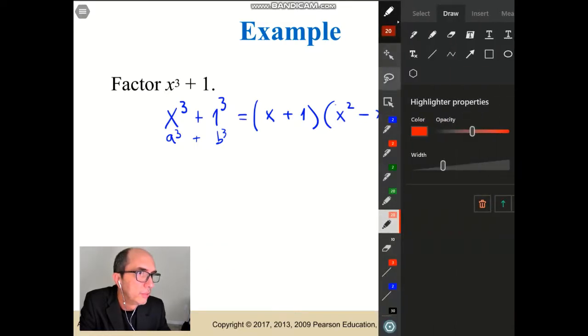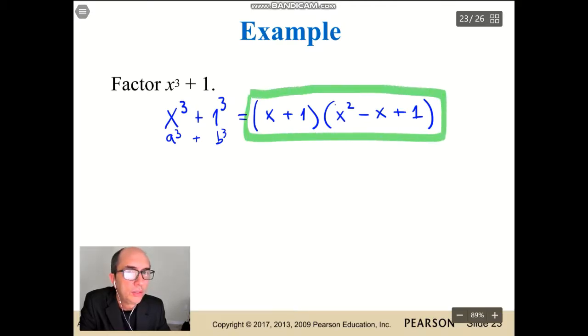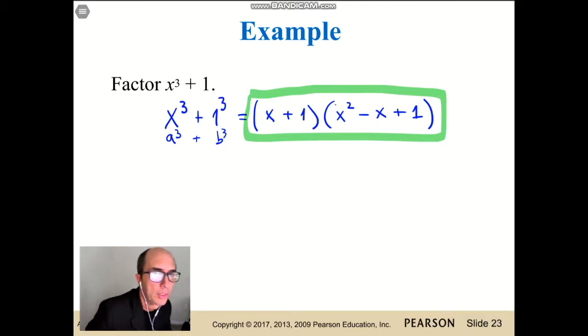And remembering that this expression here is equal to the original one, is how we factor out using sum or difference of two cubes.